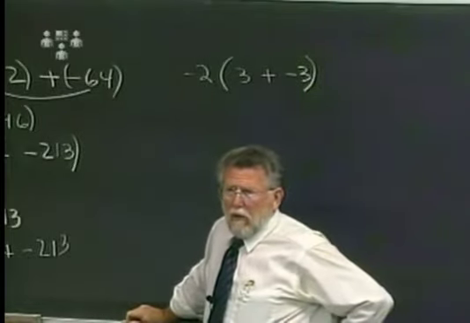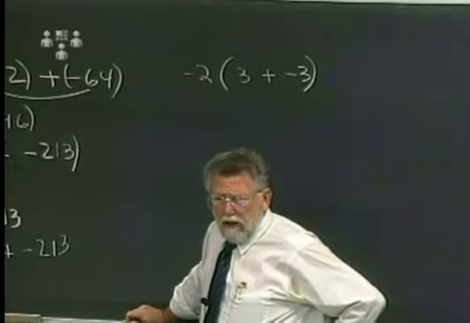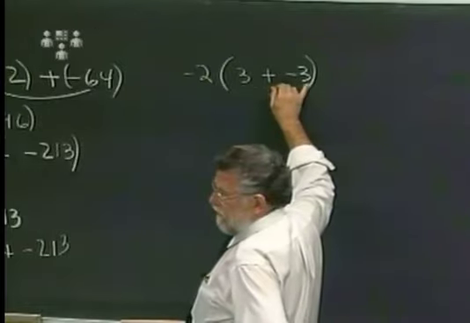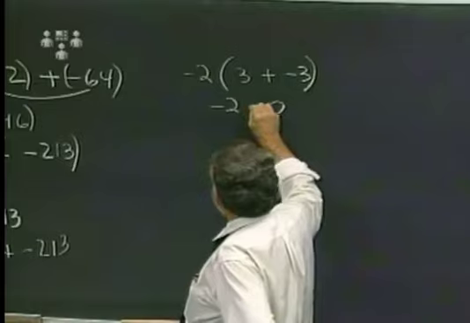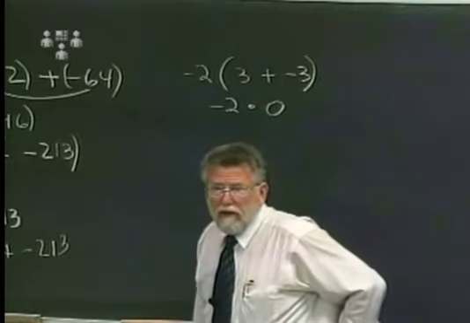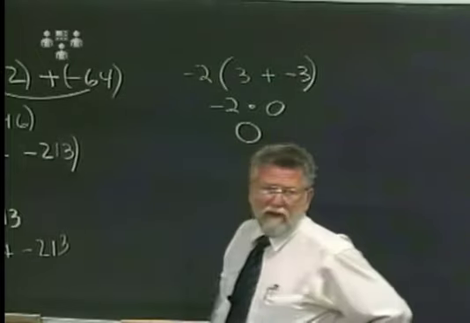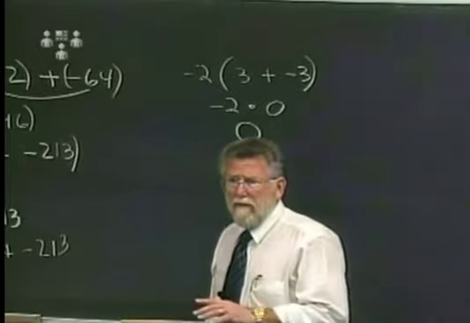Now, I know that that should be 0. Do we agree? The argument is, this is a number added to its inverse, so this should be 0. And the 0 multiplication property says we should get 0 there. Now, that's not an identity, because the identity for addition is 0, but not for multiplication.